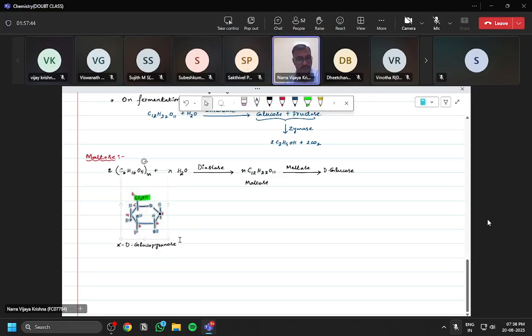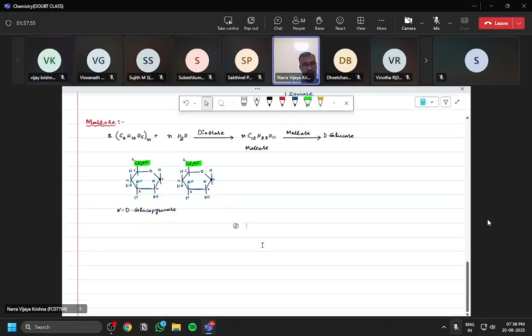The second molecule also I am taking. Now, this is also alpha D glucopyranose. Both are alpha D glucopyranose if I write the OH group here. Now, in this case, I am changing these two. Now what is this one? This becomes beta D glucopyranose now. Correct or not? Yes, sir.